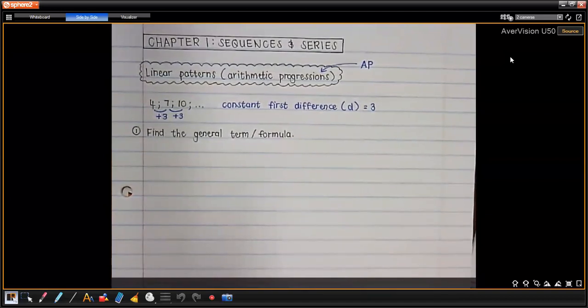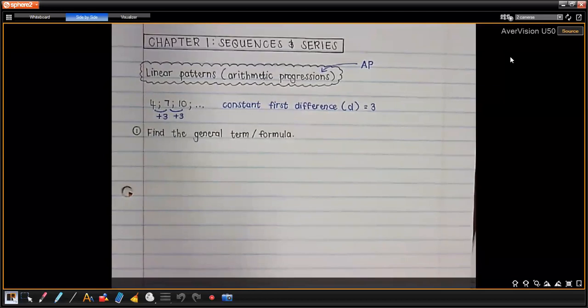When they're asking us the general term or the general formula, they want a formula that will give us the value of any term in this number pattern. So instead of having to add 3, say 100 times, they want us to write a formula that will allow us to find the 100th term, just by using that formula instead of adding 3 a bunch of times.